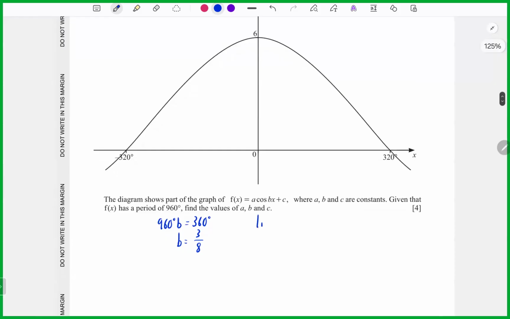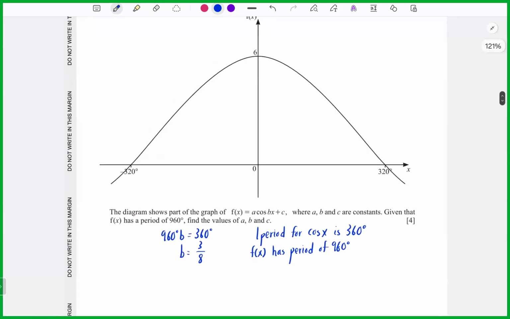Because we know one period for cos is 360 degrees, but the question gives you that f(x) has a period of 960 degrees. So you need to take 960 degrees put into the x, b times 960 equals 360 degrees. So you will get 3 over 8.